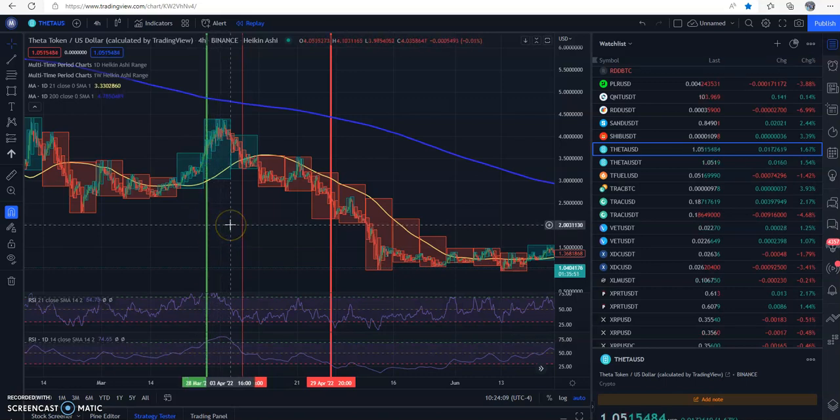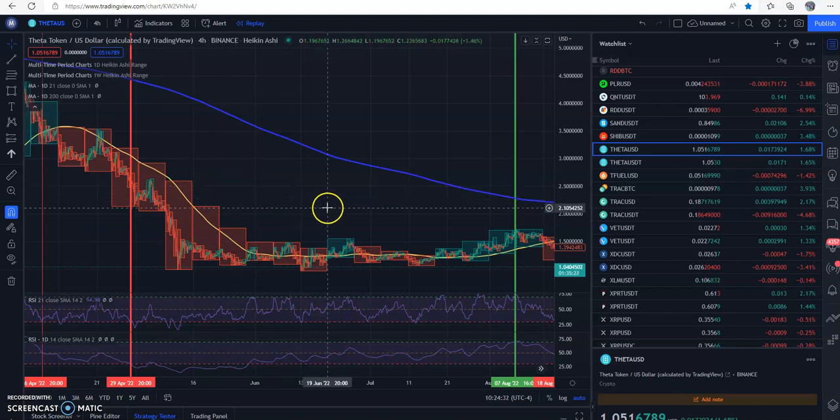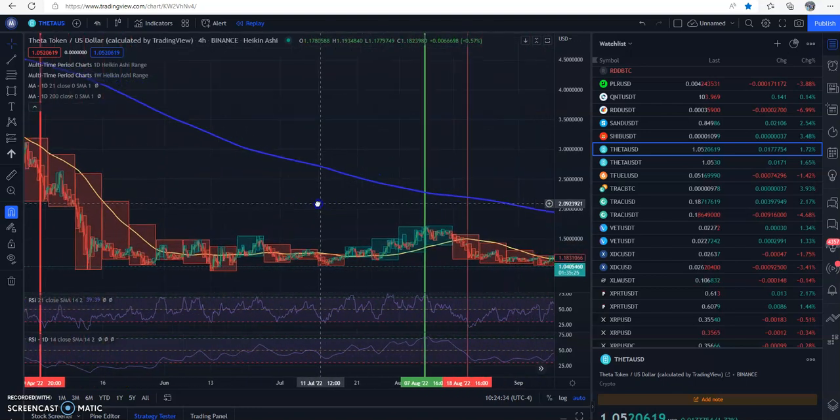And then I would just hold the trade, and I'll sell right here when it crosses, at the close of a weekly Heikin-Ashi candle, and I'm below the 21-day moving average. I would just set it out and hold on to my cash.